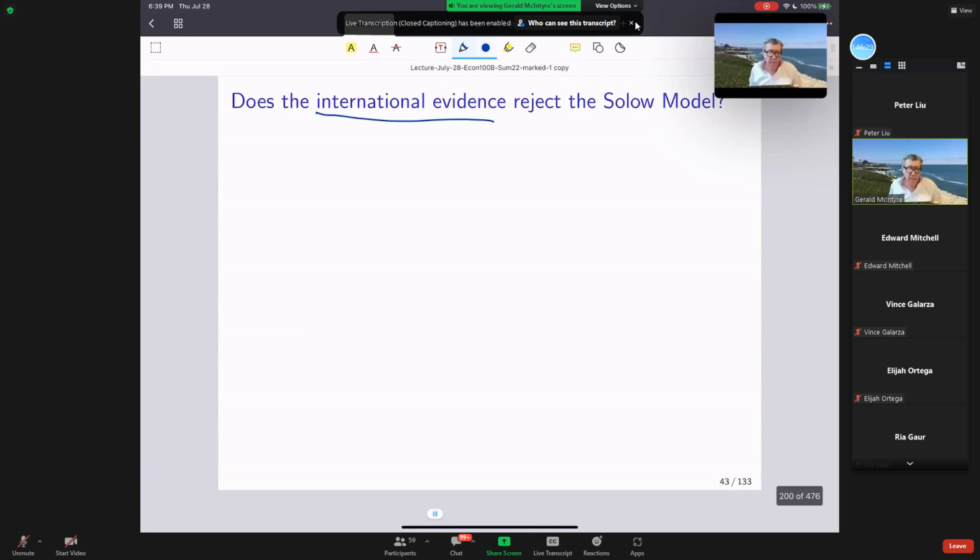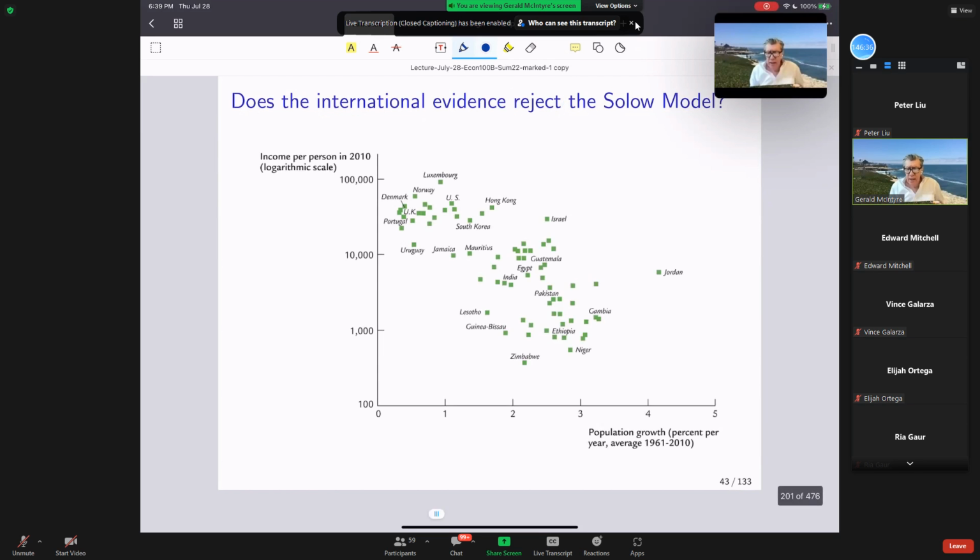This is the international evidence. Does the international evidence reject the Solow model? Take a look at this evidence. Here's the population growth rate, for a variety of countries, about 90 countries or so, on average from 1961 to 2010, so 50 years, certainly within the ballpark of our model.